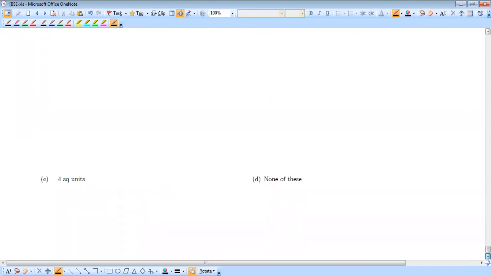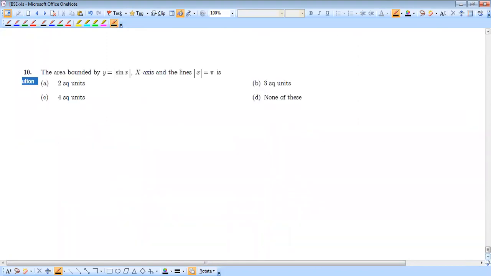The next question. Area bounded by y is equal to modulus sin x. See, we know the curve sin x will be like this, on the right side as well as the left side.